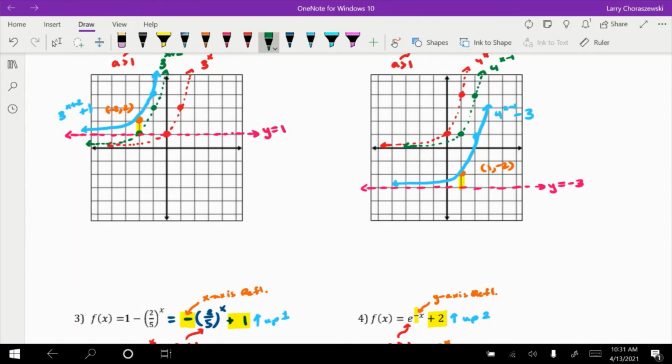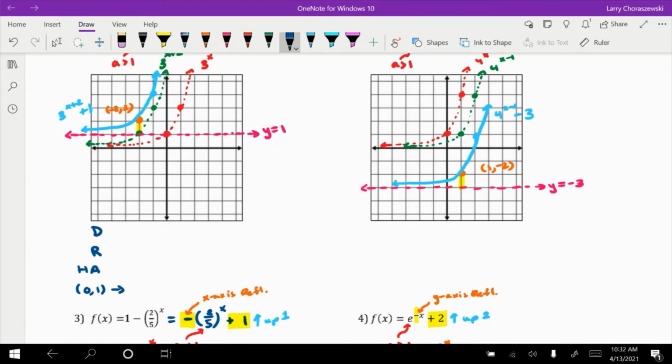We'll call it the Fab or Fantastic Four, but basically, I would like some additional details with each of these graphs, specifically the domain, the range, the equation of the horizontal asymptote, and also the new location of the y-intercept 0, 1.